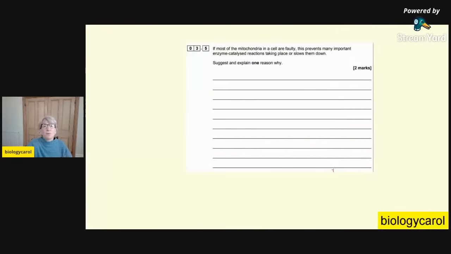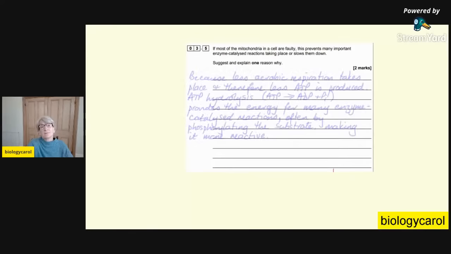Anyway, moving on. If most of the mitochondria in the cell are faulty, this prevents many important enzyme catalyzed reactions taking place or slows them down. So here we have got to make the link between mitochondria and enzyme catalyzed reactions, and that is ATP.